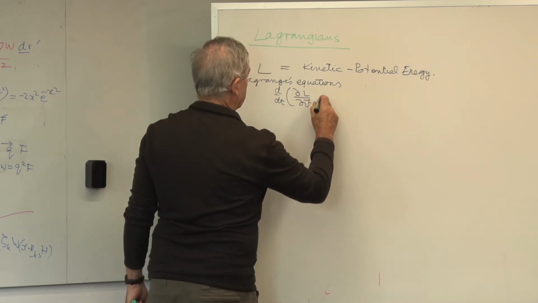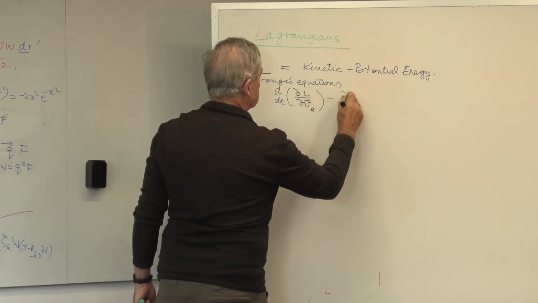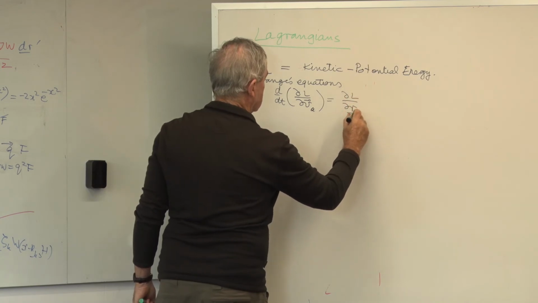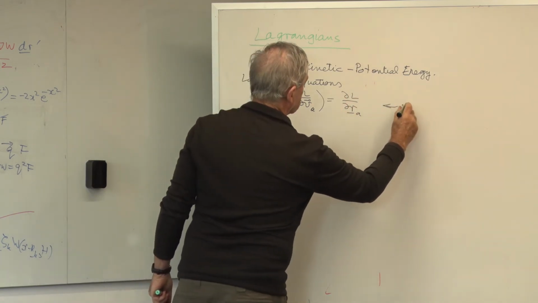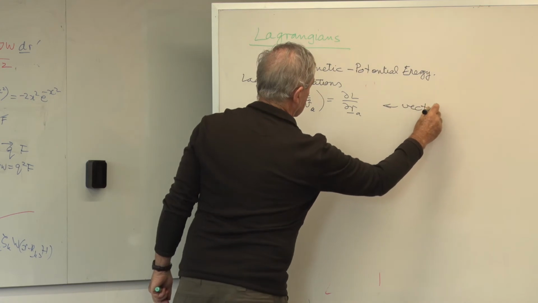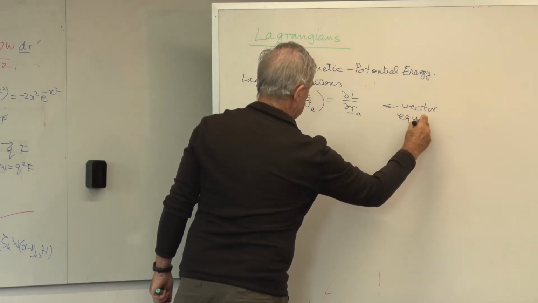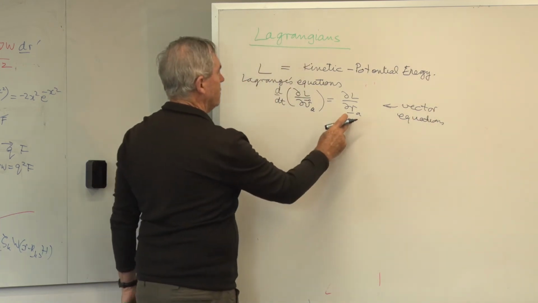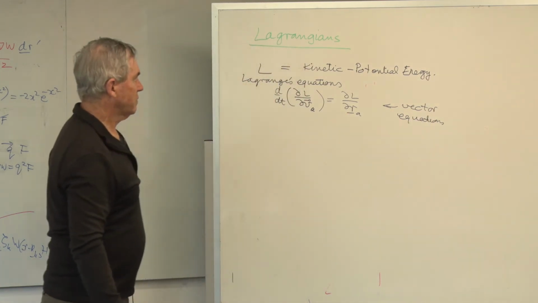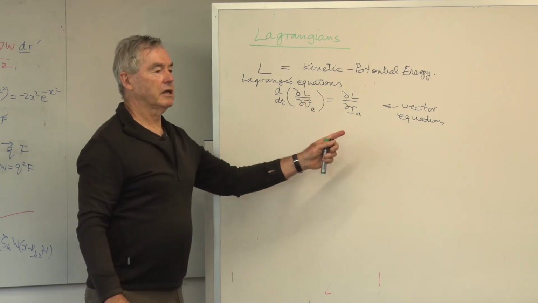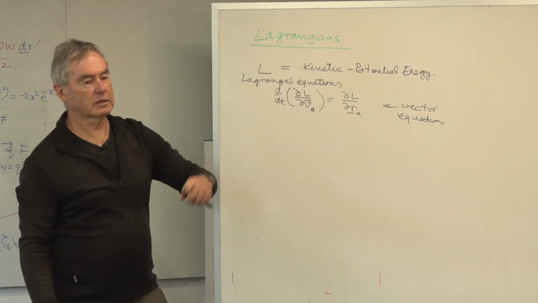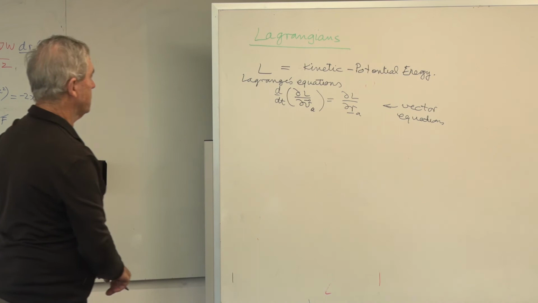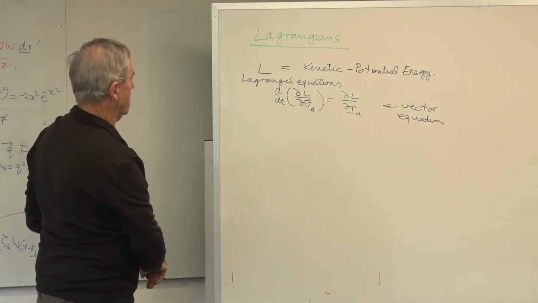So I'll give it a label A, is equal to dL/dr_A. So these are vector equations. Let me remind you again that the meaning of this is that it's a vector with components dL/dx_A, dL/dy_A, dL/dz_A, and so on. That's what that notation means.